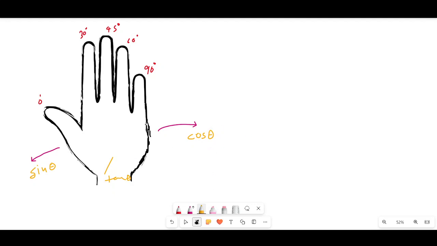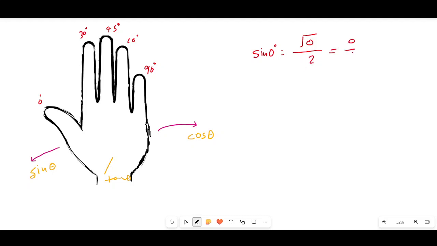Now if you look up this here, find out the value of sine 0 degree. What is the value of sine 0 degree? Don't worry. How many fingers are remaining here? There is no finger, so we should write 0. Clear? And take square root and divide by 2.